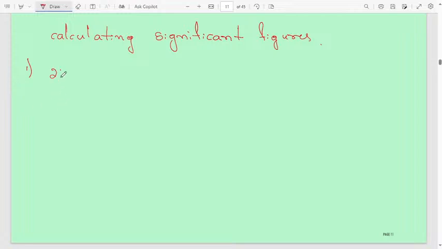First question, 212, tell me how many significant figures it has. Then next, 2.120, then third example, 2.0042, then fourth one, 310.020.